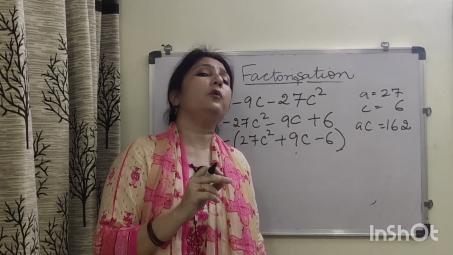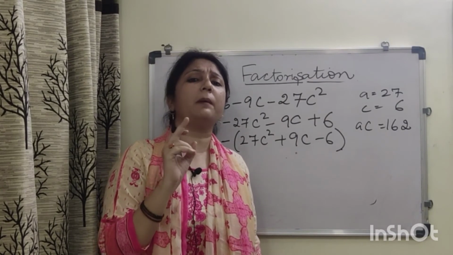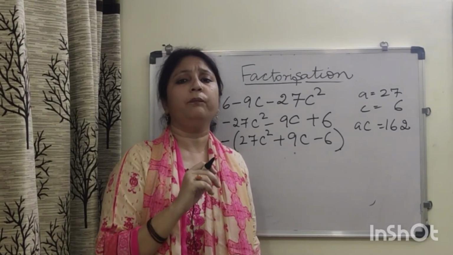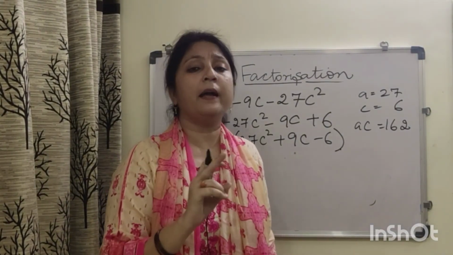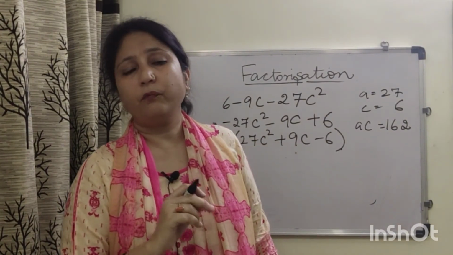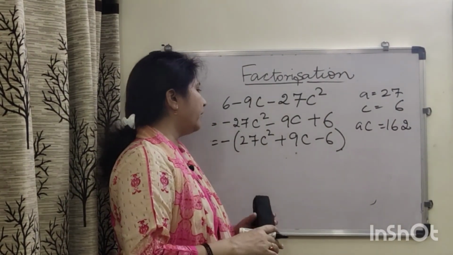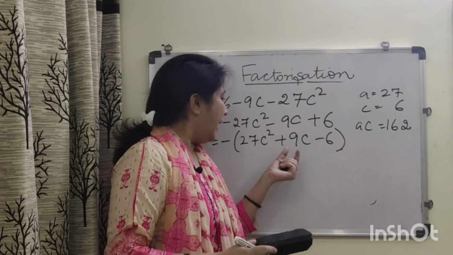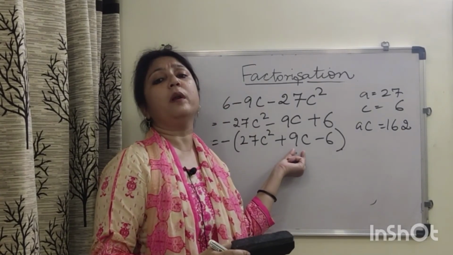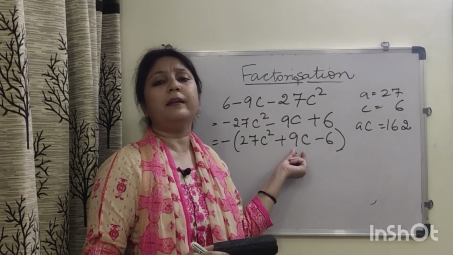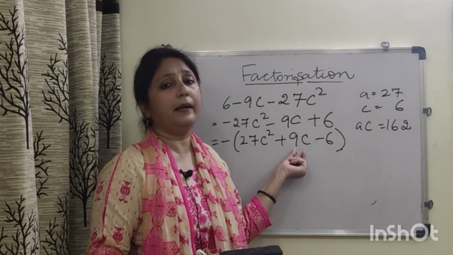Now you have to think in which table you get 162. You get 18 nines are 162, where 18 minus 9 gives you 9.